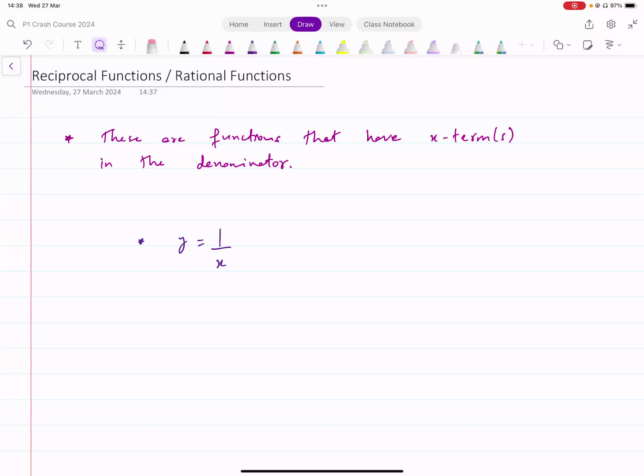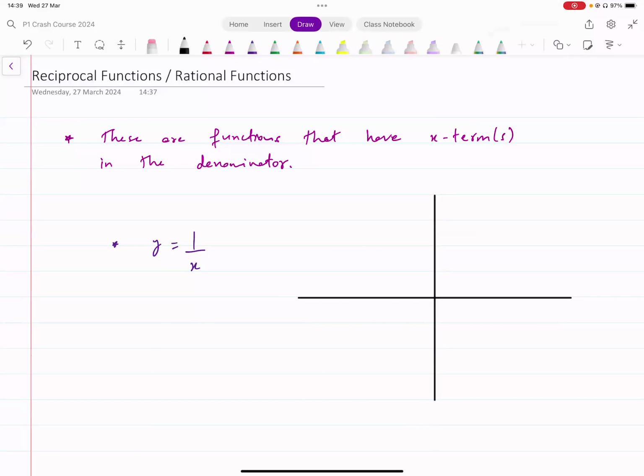You've seen this in O levels as well, in graphs of functions topic. You sometimes used to draw graphs of functions like these. If you were to draw the graph of this function, it would look something like this. It would be in two parts. Why? Because when x is 0, the function is undefined, right? When x is 0, the function becomes undefined because you have 0 in the denominator.